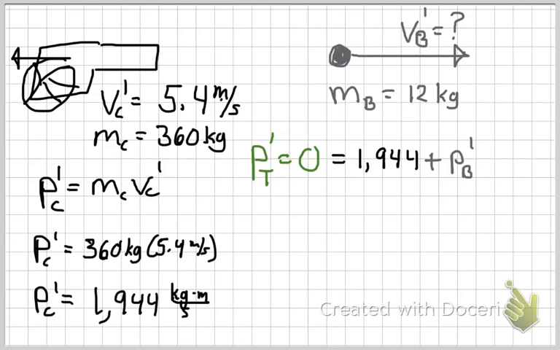So what number plus 1944 equals 0? Well, the answer would be negative 1944 kilogram meters per second.